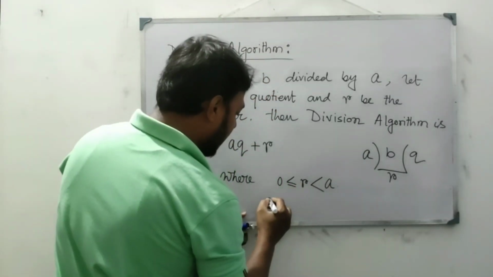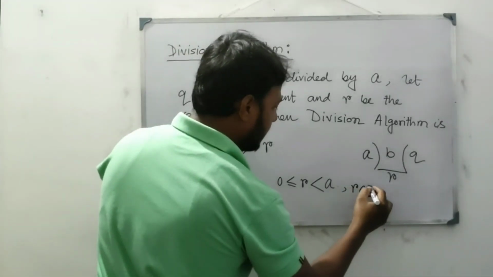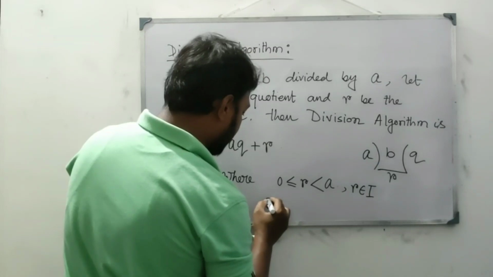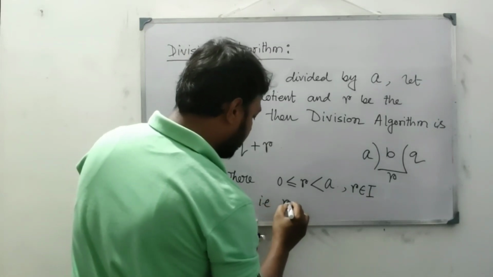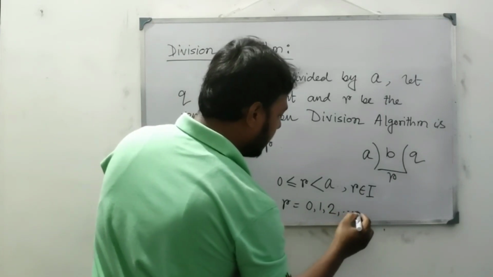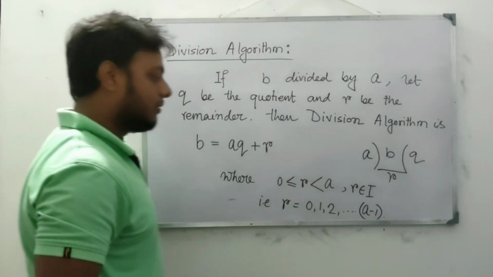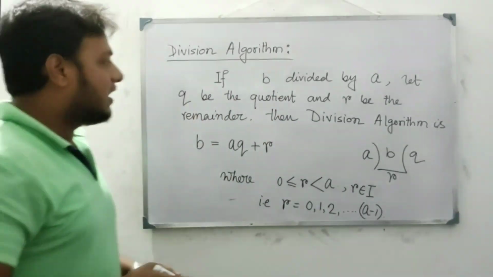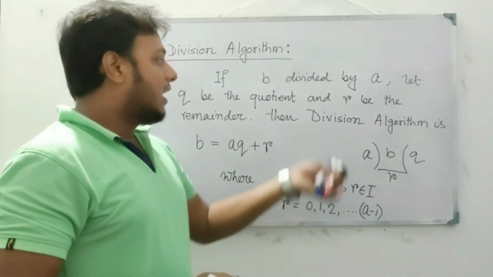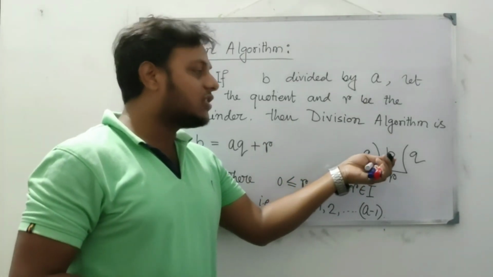It will be better if you write in this way: R belongs to I, R equals 0, 1, 2, dot dot dot up to A minus 1. So this is the division algorithm.